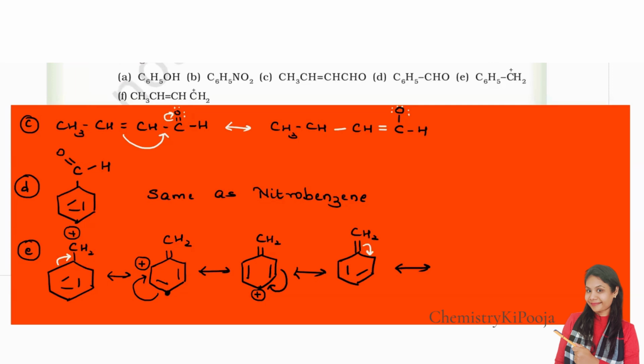I'm going to draw it this way: bond, bond, and then bond. Here it will be CH2, again electron deficient. Clear? Here it was a plus charge. Understood? This is the entire same thing I have written, similar to nitrobenzene, so in the same way you can write it down for benzaldehyde also.